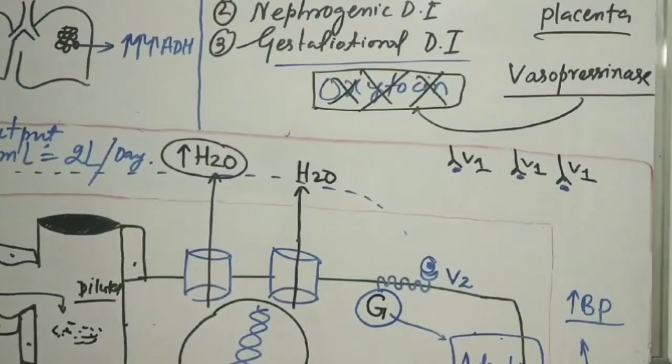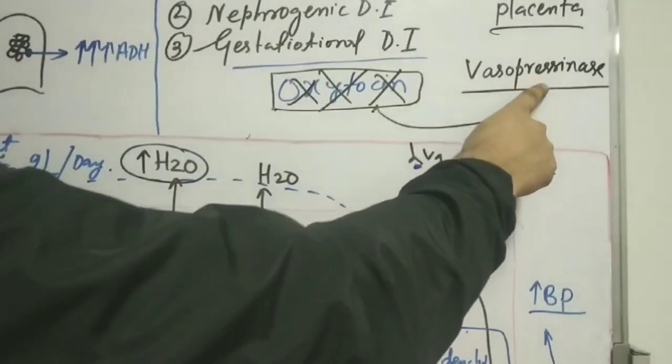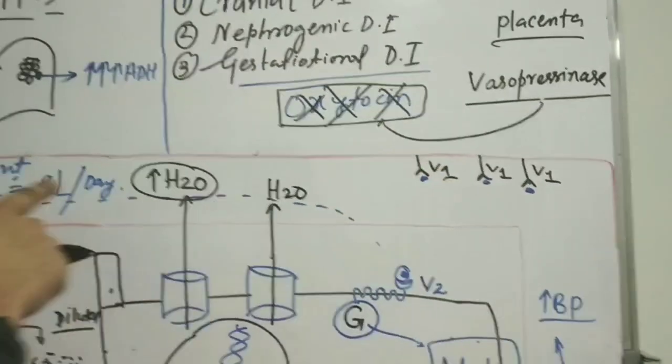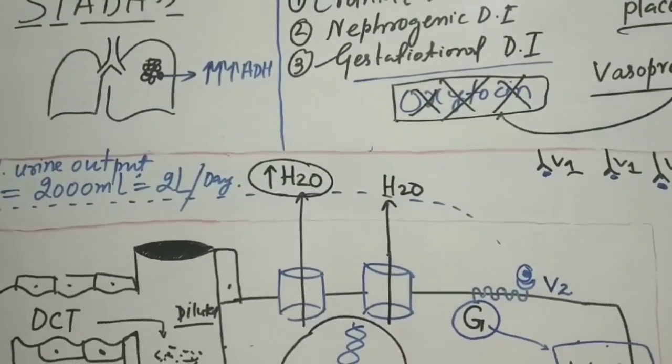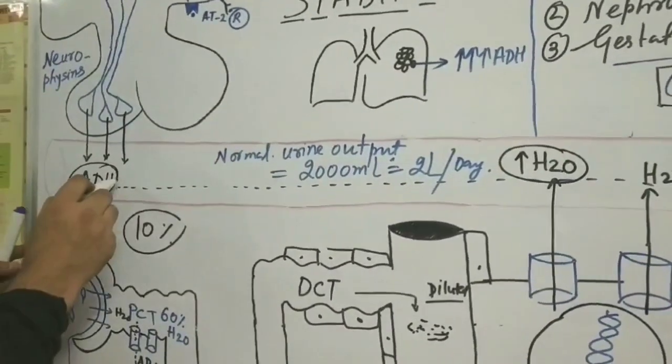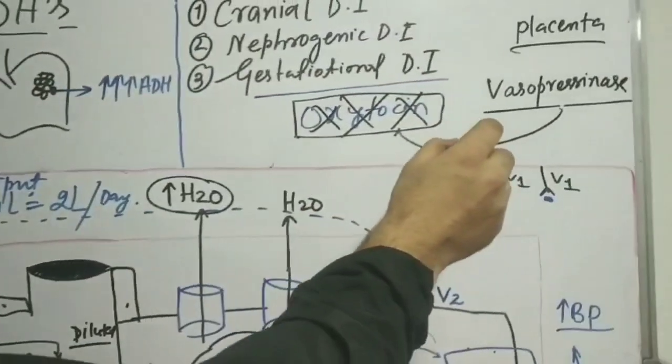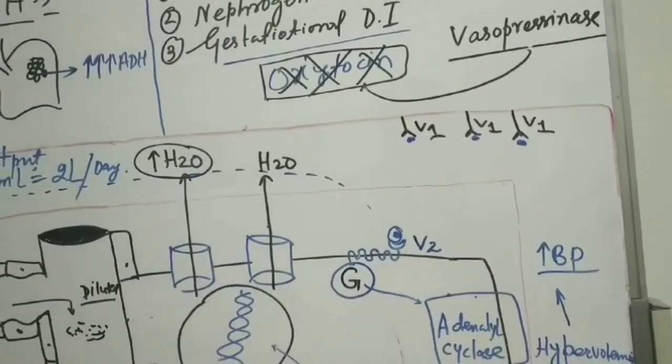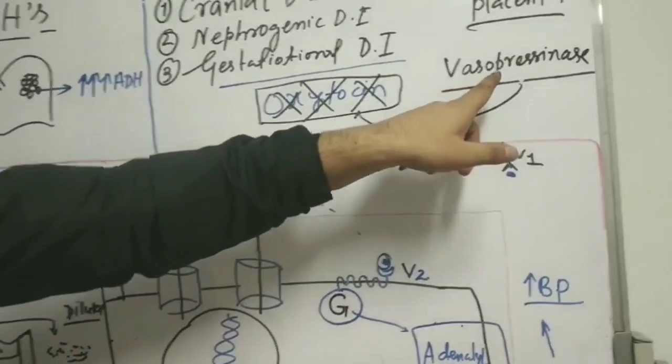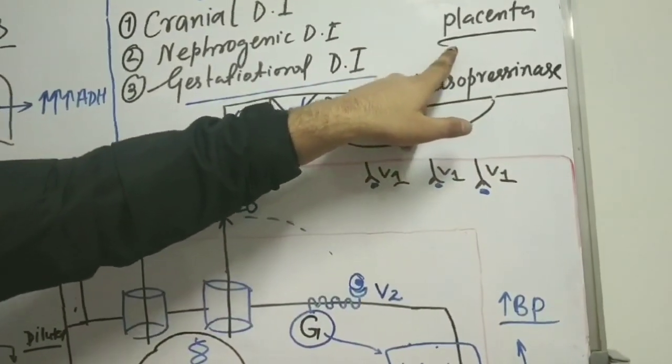But remember one thing, vasopressinase also degrades ADH. Normally, in every mother, vasopressinase is secreted by the placenta.